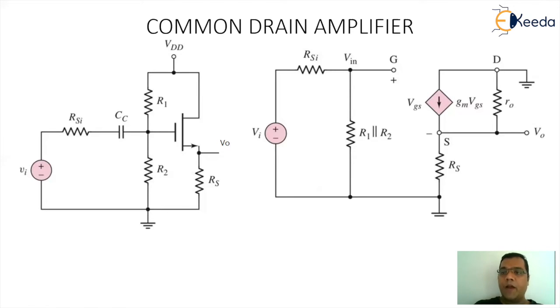So the voltage drop across RS can be taken as the current value GM VGS into RS parallel small ro. If the small ro is very, very high compared to the value of RS, it will be neglected and you will land up at the equation of VO as GM VGS into RS.